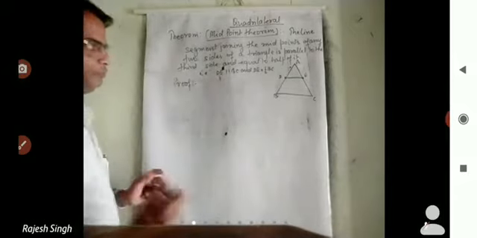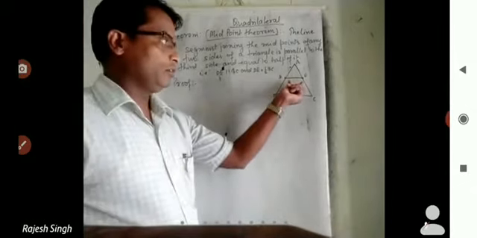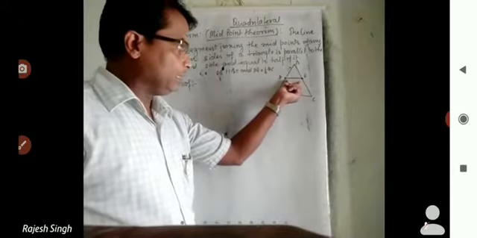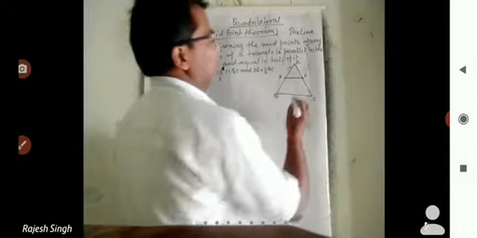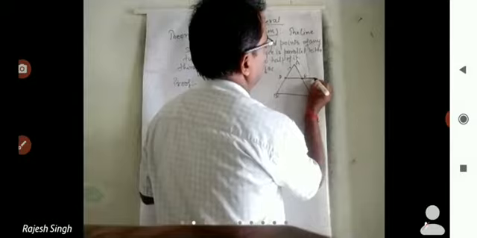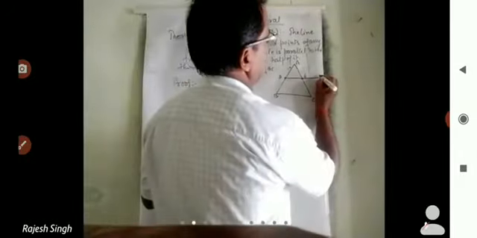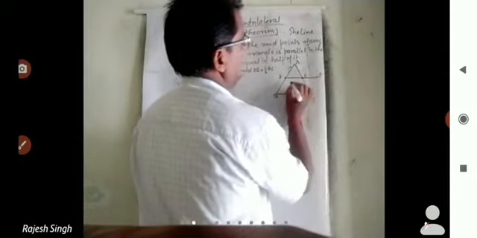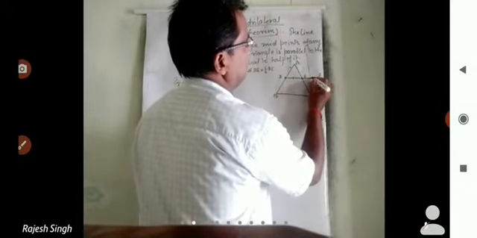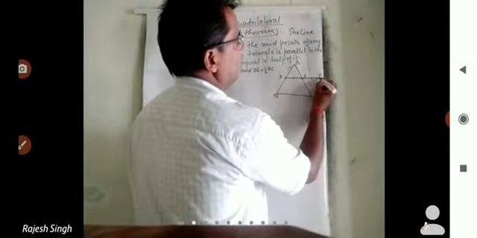Wait, all of you. We draw a line EF which is equal to DE. DE means this side and this side are equal, and join CF.